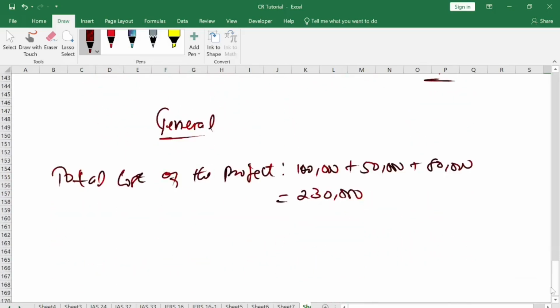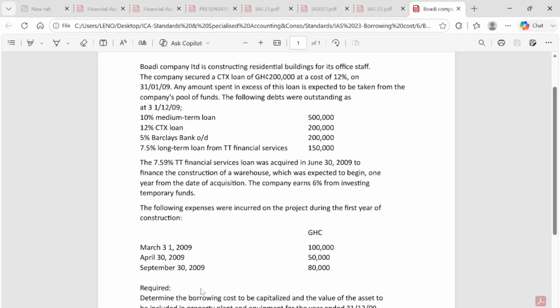And in the question, they've also told you that they took a specific loan for the project. The specific loan was 200,000. If this 200,000 is not up to the total project expenses, then you should take money from the general pool or pool of funds.